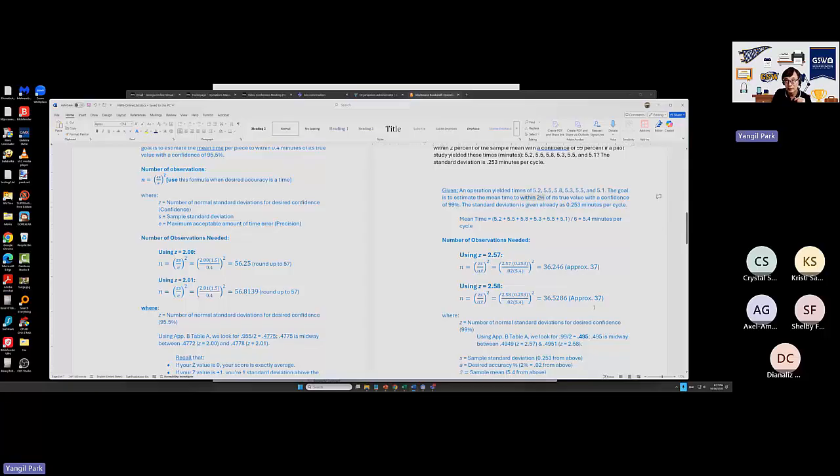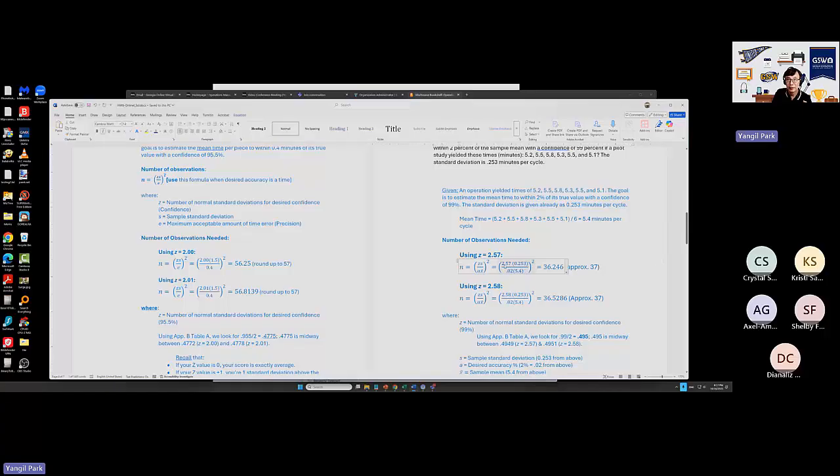Okay, so that's the accuracy that they want to maintain for the goal, and then standard deviation is 0.253. So we're going to multiply these two numbers, then you'll find the denominator in this example, so that you can replace the error term.